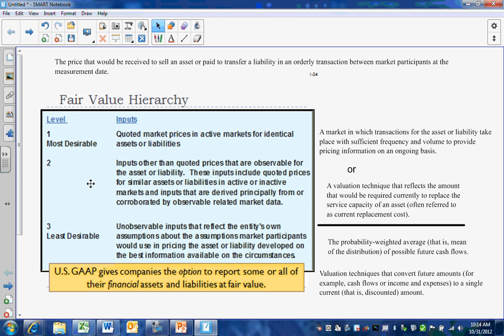Finally, the last and least desirable involve techniques that use the time value of money. In future courses, we'll be looking at weighted averages of potential future cash flows.